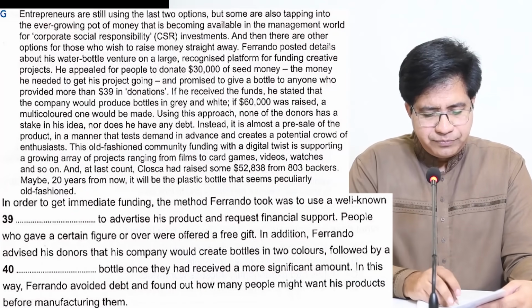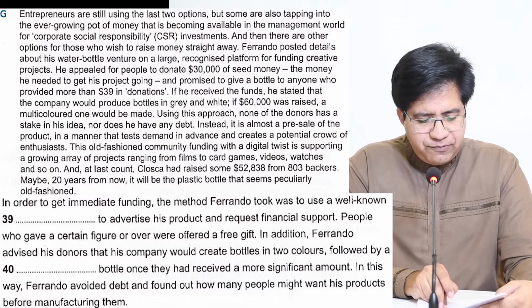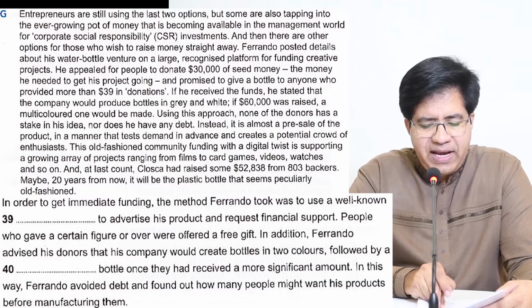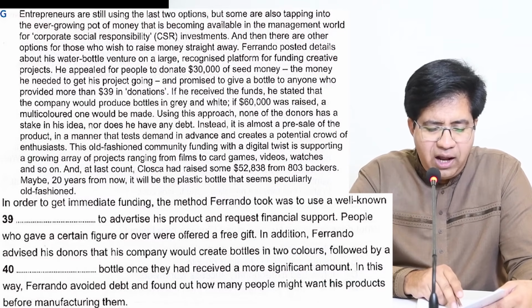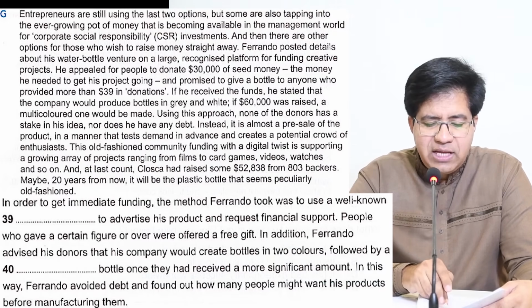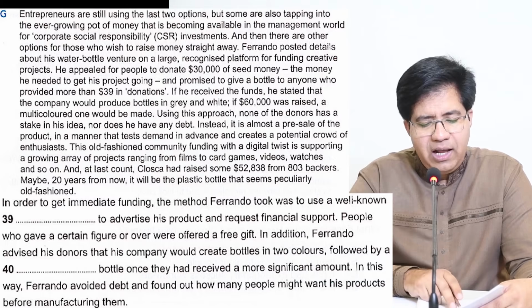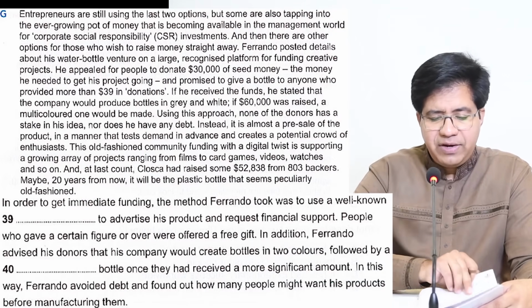Paragraph G. I'm reading it from Ferrando. Found it? Paragraph G, fourth line. Ferrando posted details about his water bottle venture on a large, recognized platform for funding creative projects.